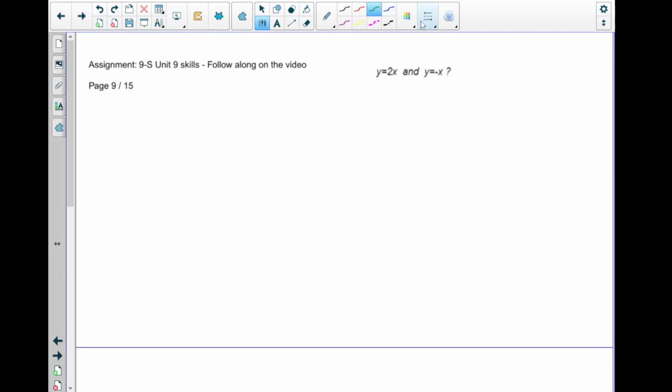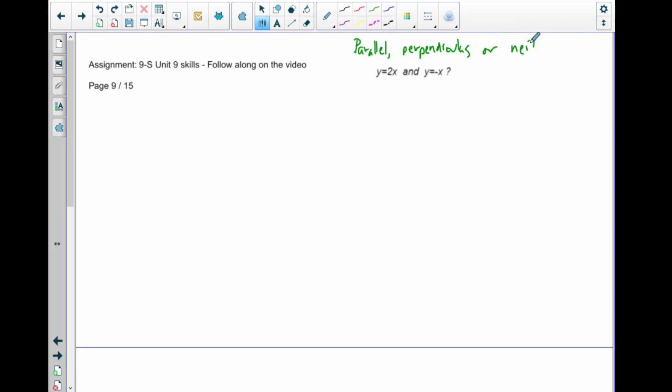Okay, next problem. Again, try this problem on your own, pause the video, and then when you're done, let the video run. Okay. I think the skill is, are they parallel, perpendicular, or neither, right?